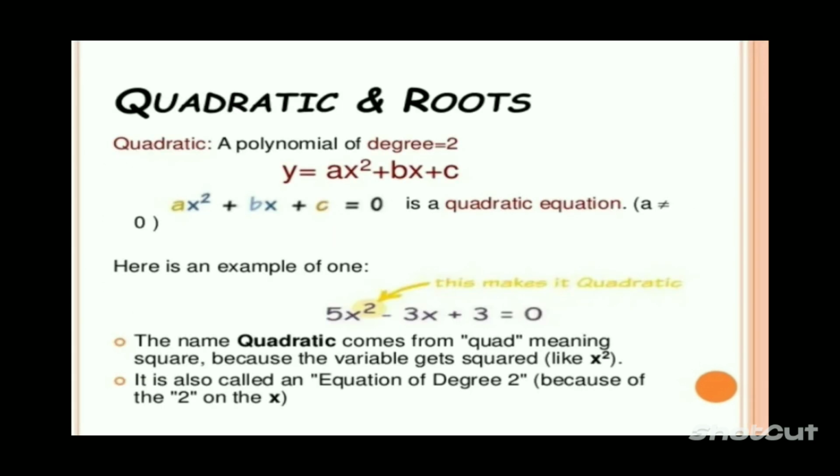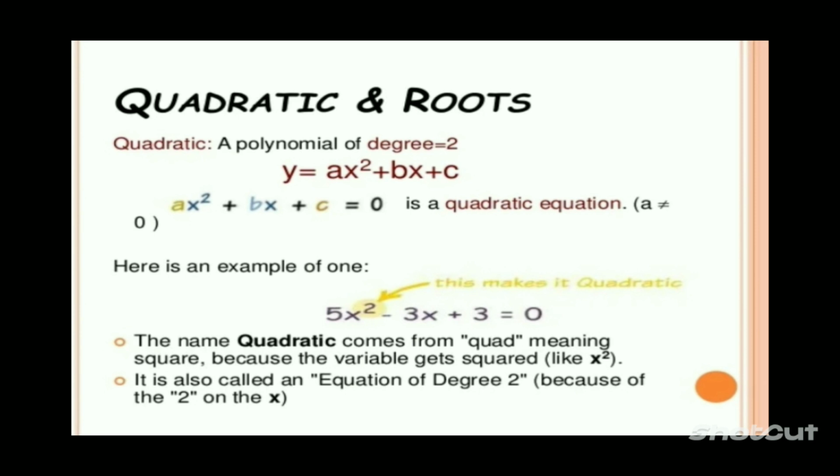Quadratic and roots. A quadratic is a polynomial of degree equal to 2. So y equals ax squared plus bx plus c. As I said earlier, this y equals ax squared plus bx plus c is the quadratic equation.